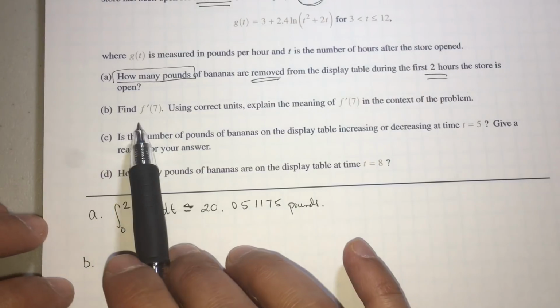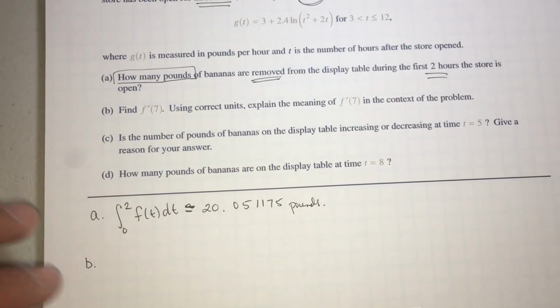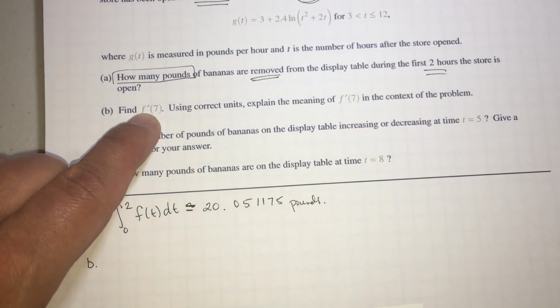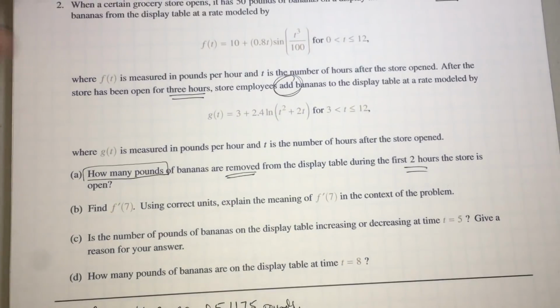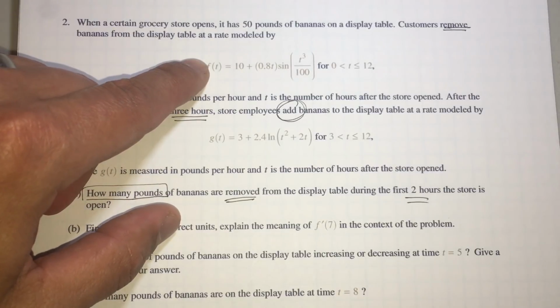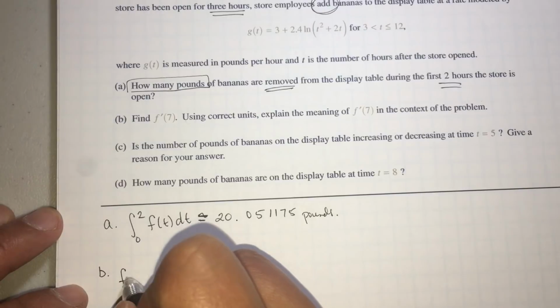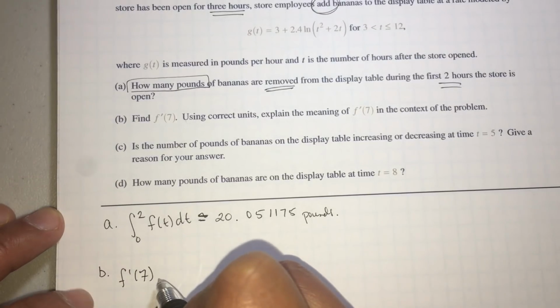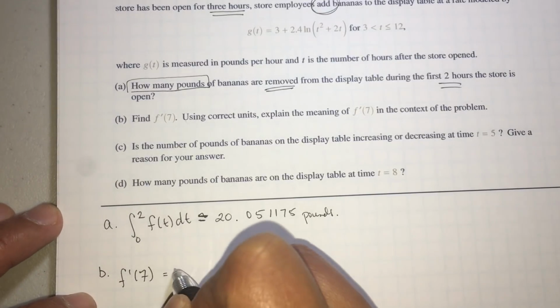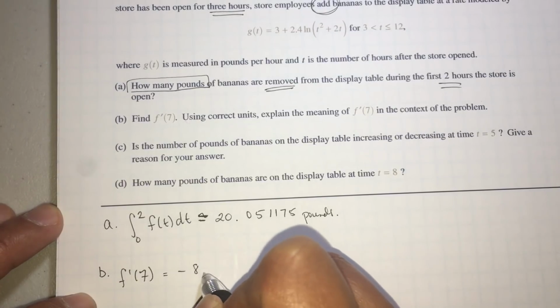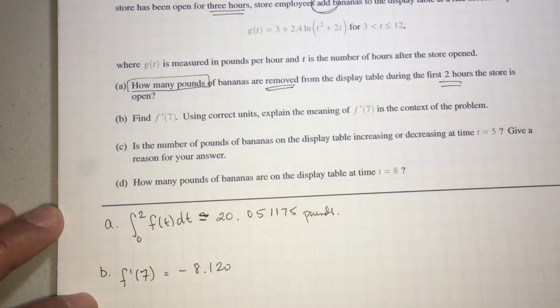Part B, find f prime of 7. Okay, well, wait a minute. What's f prime of 7? You've got to take the derivative of the f function. This guy. Okay, that's what you've got to do. Take your calculator, your TI or whatever you're using. Plug this in. Okay, you're going to get negative 8.120.